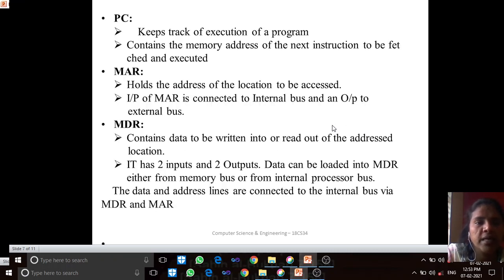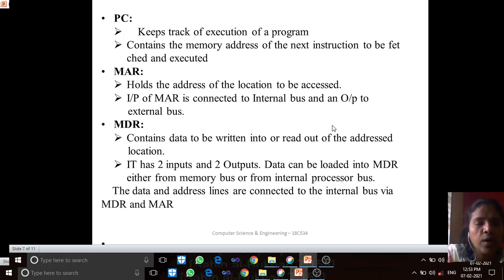The PC keeps track of the execution by containing the address of the next instruction to be executed. The memory address register holds the address of the location to be accessed, and the input of the memory is connected to the internal bus and the output is connected to the external bus, which is called the system bus.